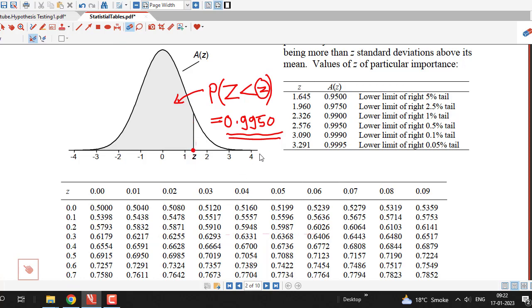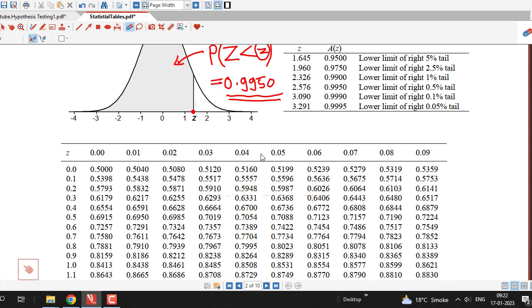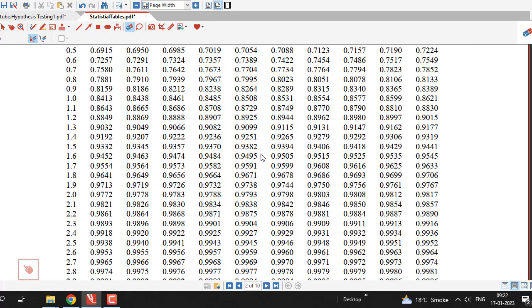So now we search for 0.9950. I will find out the values which are near to 0.9950, or I can check whether I obtain exactly 0.9950. Here I have 0.9951, you can see, and this is 0.9949.